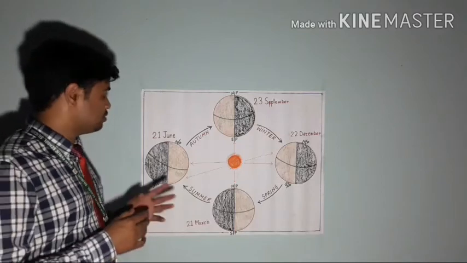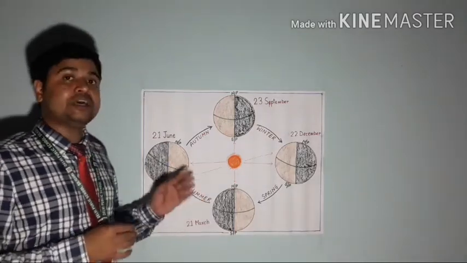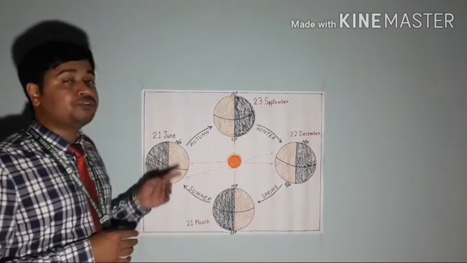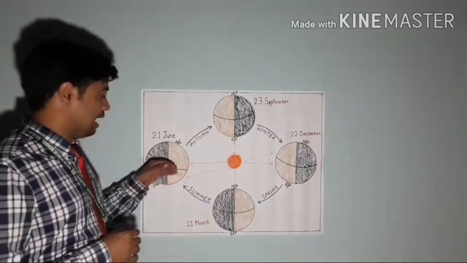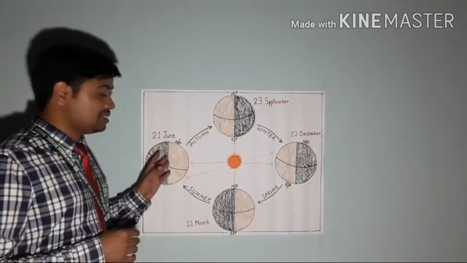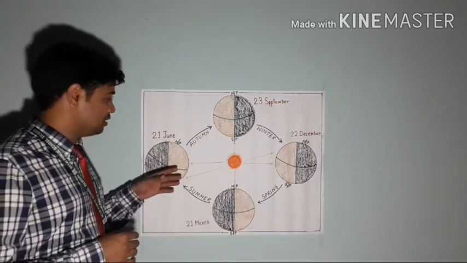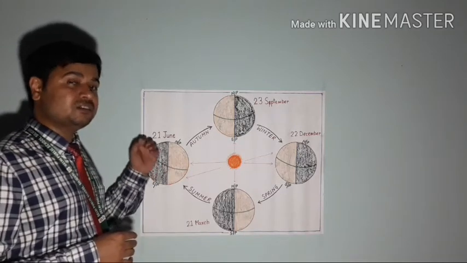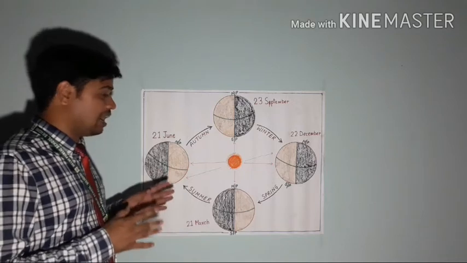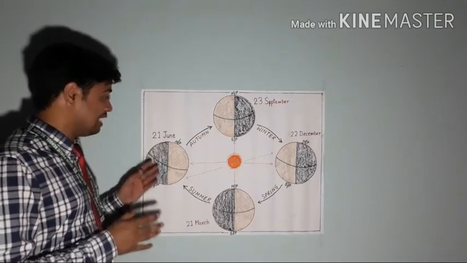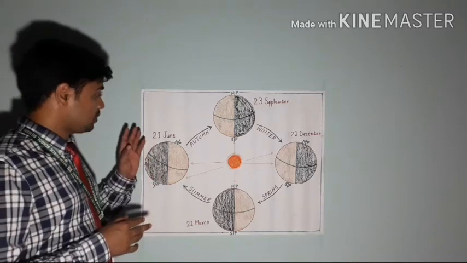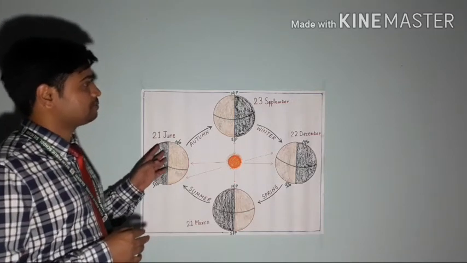On 21st June, sun rays fall directly over the Tropic of Cancer, and in the northern hemisphere the duration of day is longer and night is shorter, or in the northern hemisphere days are long and nights are short. That is called summer solstice.